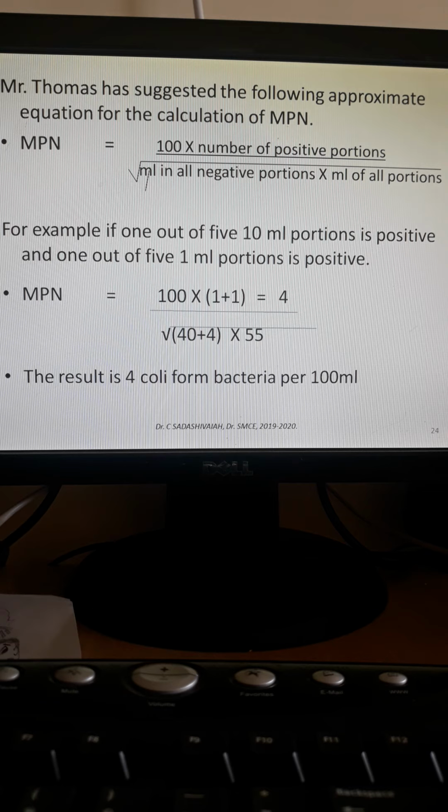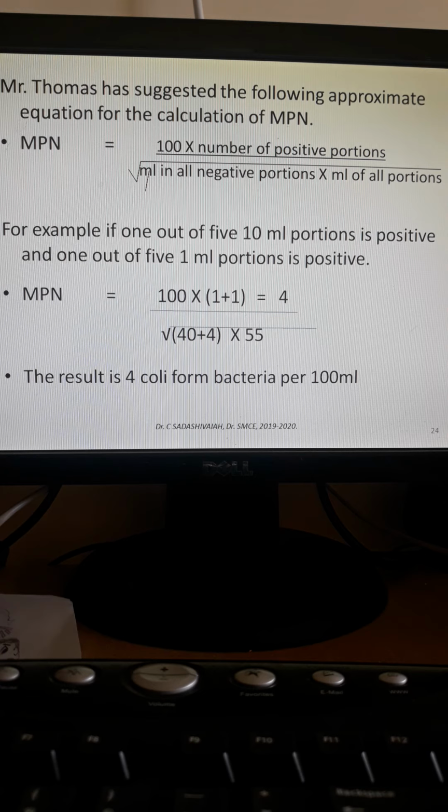if 1 out of 5 10 ml portions is positive and 1 out of 5 1 ml portions is positive, then the number of test tubes indicating positive results is 2. Therefore, in the numerator we have, as per the formula, 100 into within brackets 1 plus 1, where the first 1 indicates 1 out of 5 test tubes where 10 ml was poured.